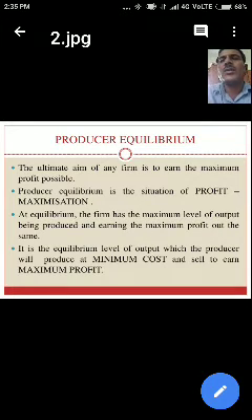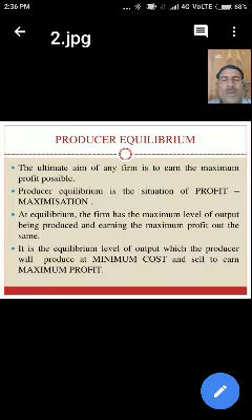A firm can achieve a given output with several factor combinations. So a producer always seeks a combination that yields a given output at minimum cost per unit. The equilibrium of the producer can be placed in different forms.